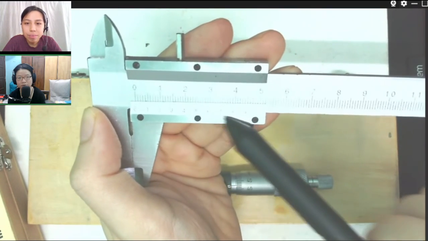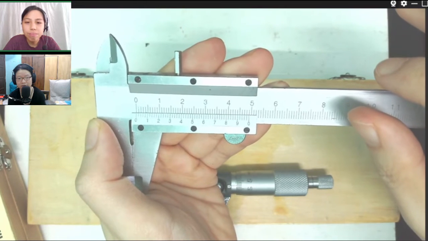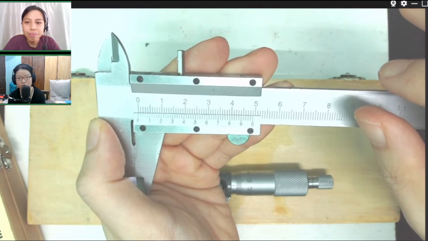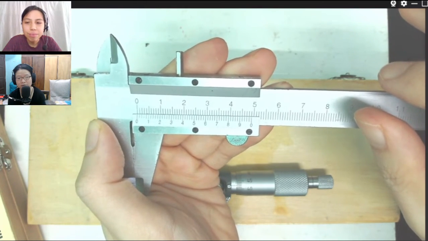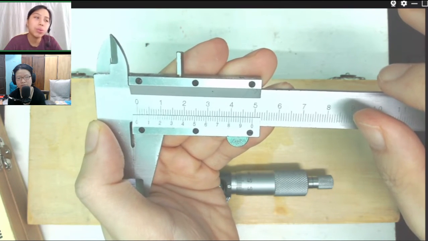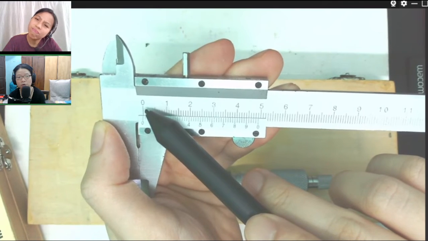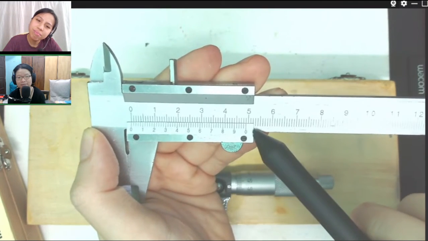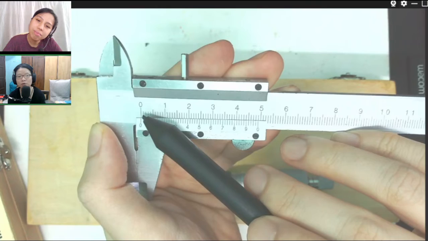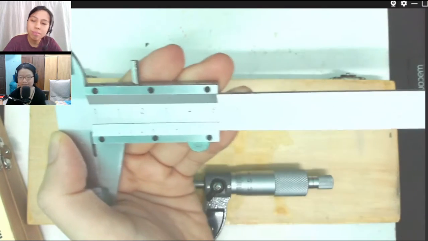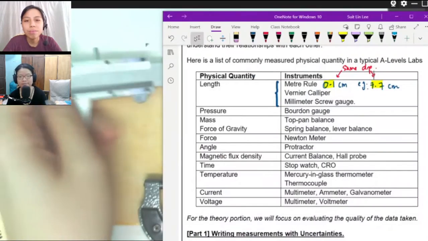The bottom one is a vernier scale. Okay. So we chop it into 10 parts. So can it be 0.01 as the smallest possible? This 0.1 chopped into 10. Right, this small 0.1 chopped into 10. So 0.01.